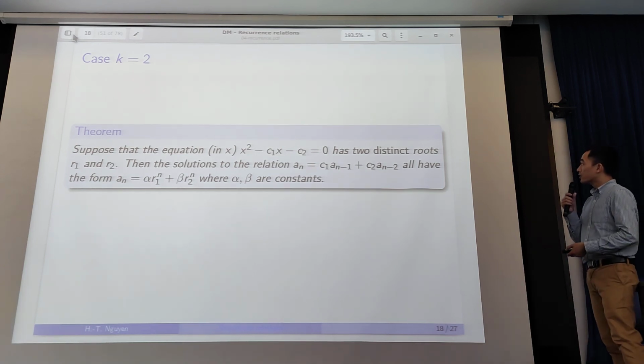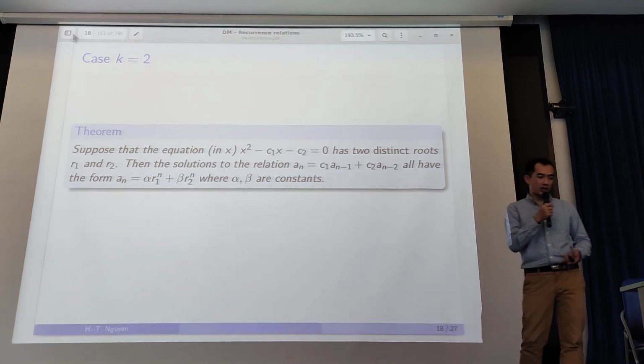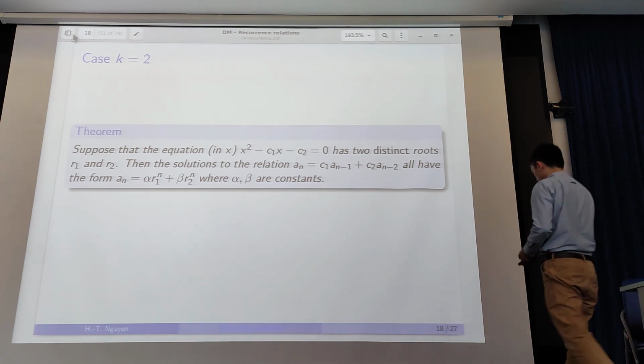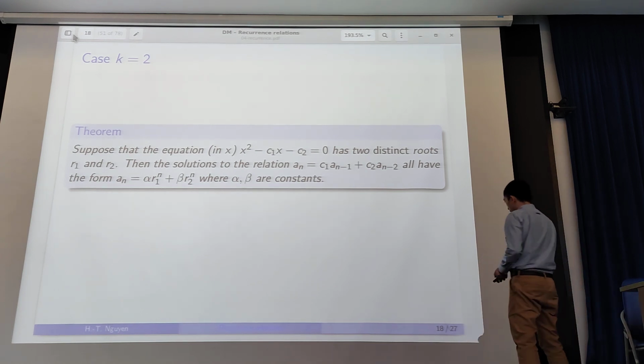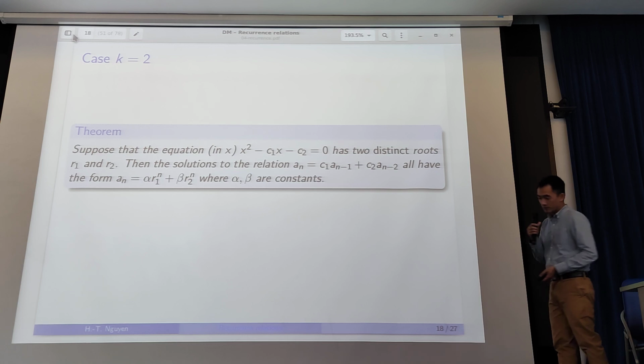Okay, so you know that for a quadratic equation you have two cases. Okay, so if you use complex numbers, then you know that a quadratic equation always has two roots. Okay, either two different roots or a double root. Okay.